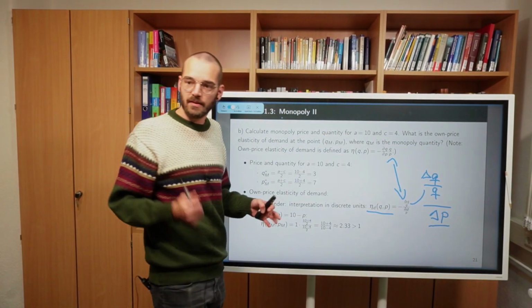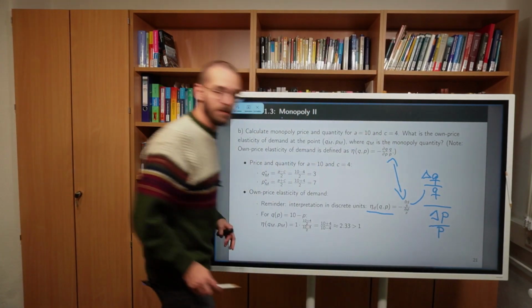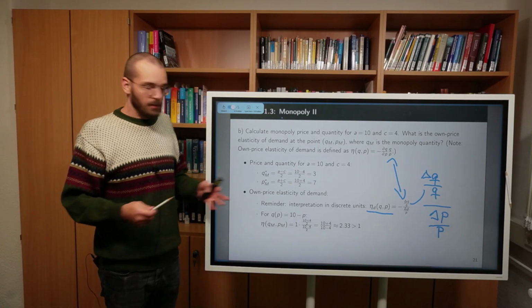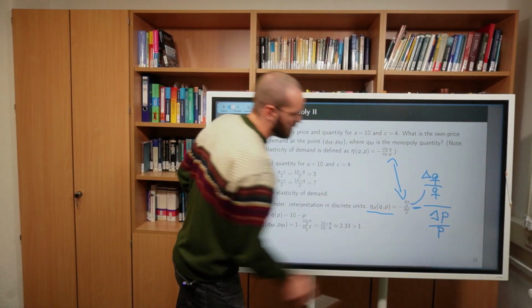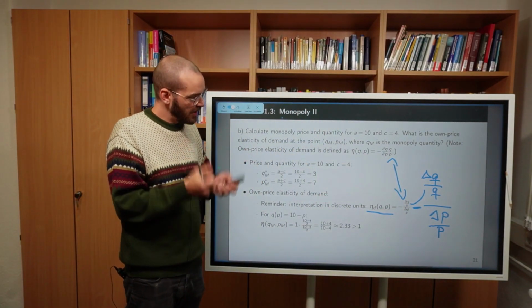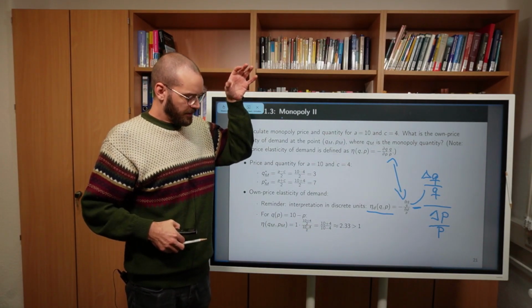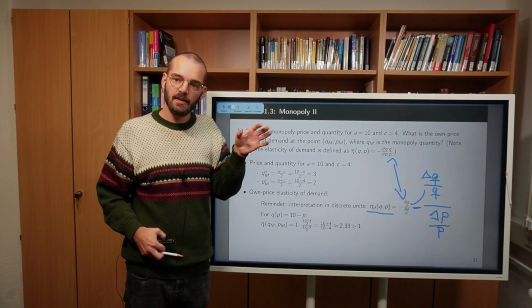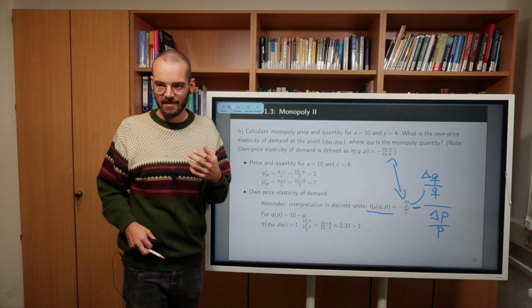Similarly to what we just had with quantities, this change in price is seen relative to the level of price. So the own price elasticity, of course, all of this with a negative sign, just by definition, is conceptually a relative change in quantity relative to a relative change in price.